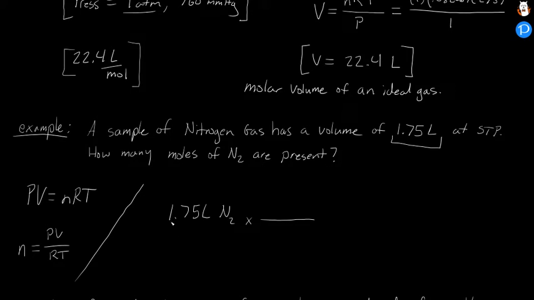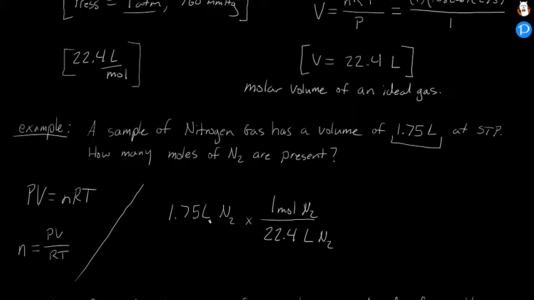So I can just multiply it by this conversion factor to convert into how many moles of nitrogen gas I have, since this is at standard temperature and pressure. I'm going to put 22.4 liters of N2 on the bottom, so I can cancel those out, and 1 mole of N2 on the top.